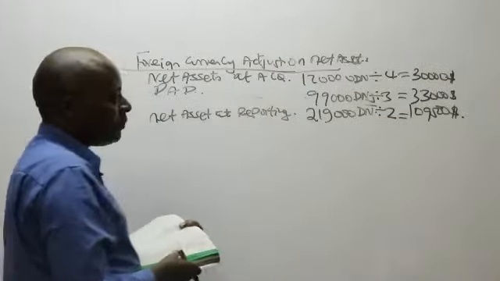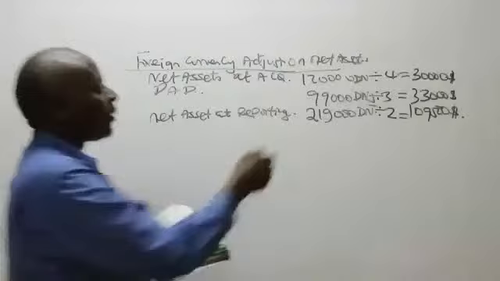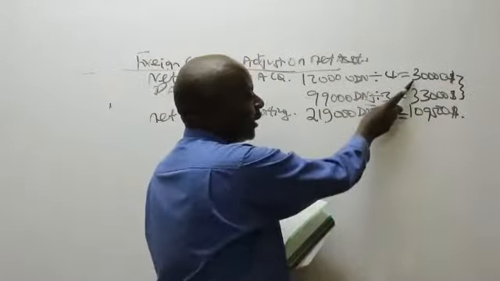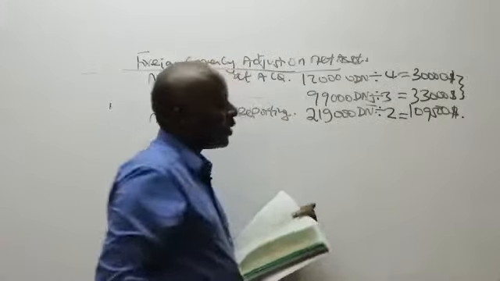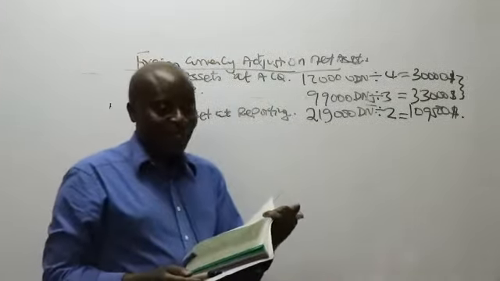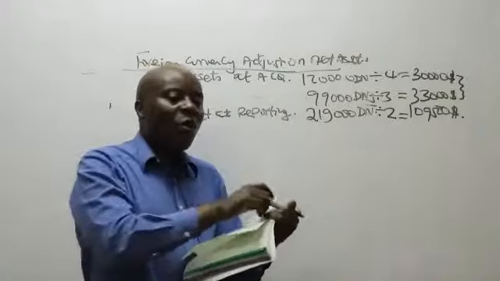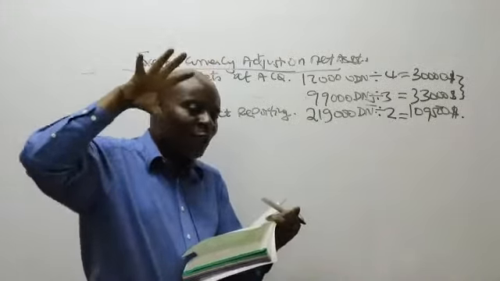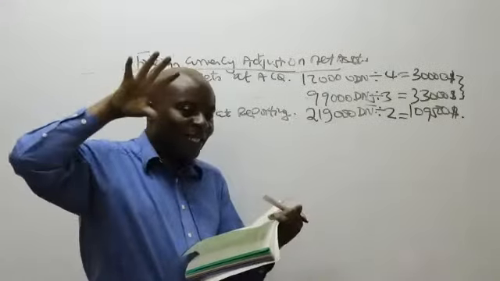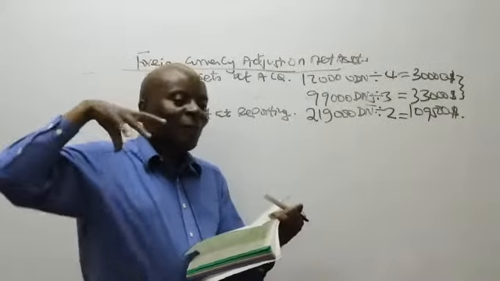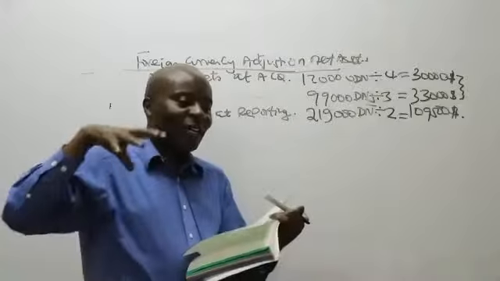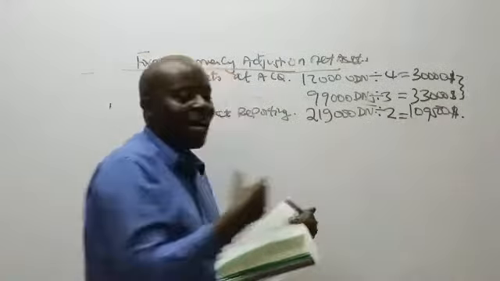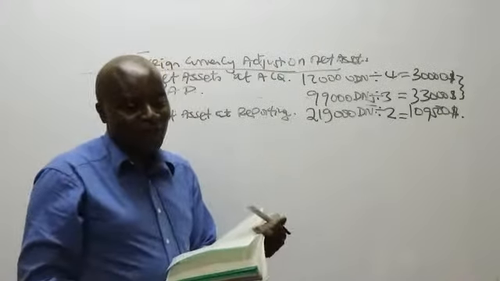And therefore, ladies and gentlemen, look at this. At the end of the day, you are required to add the 2. When you add 30,000 plus 33,000, you get 63,000. That is the value our assets were supposed to have. But because of the translation differences, our net assets at the end of the year have a different value.